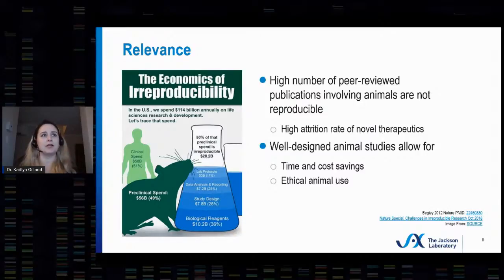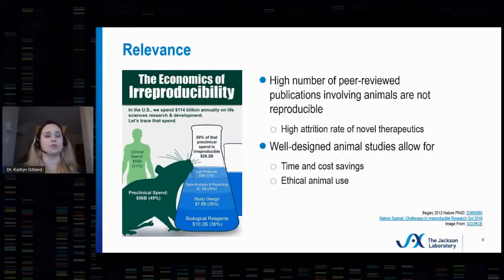So a recent study looked at the $114 billion that's spent annually on life science research and development. They saw that about half that, or 56 billion, was spent on preclinical research. And then half of that 56 billion, or 28.2 billion, was spent on studies that were irreproducible. So they were missing information in their lab protocols, their data analysis and reporting, study design, or information about the biological reagents they used.